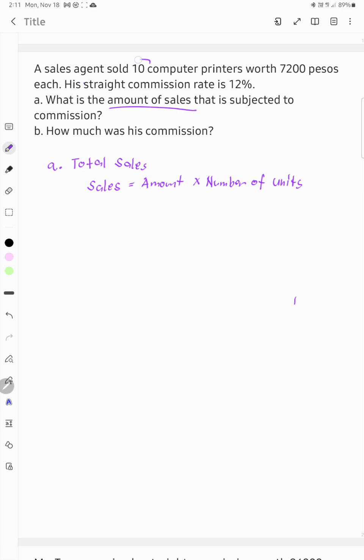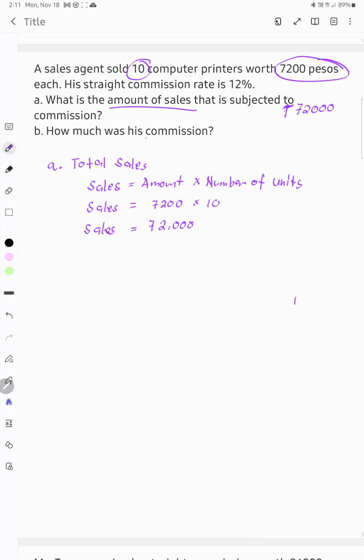The number of units sold is 10 and the amount is 7,200 pesos. So sales would be equal to 7,200 times 10, which is 72,000 pesos. So we already have this answer.